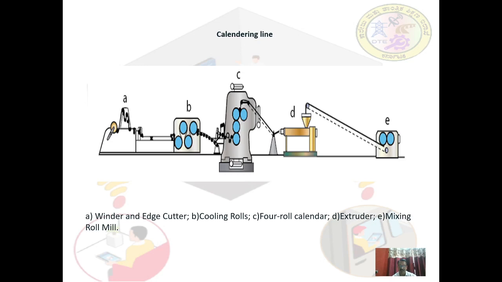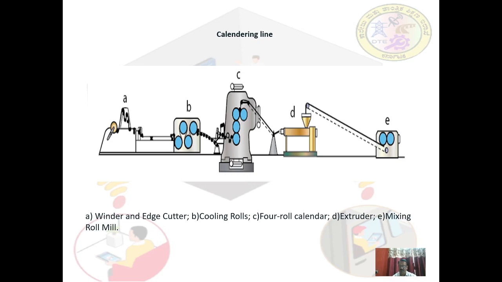When the rolls are more than two in number and the polymer is to be shaped using these rolls, the machine is called a calender. The number of rolls in a calender can be up to 7.